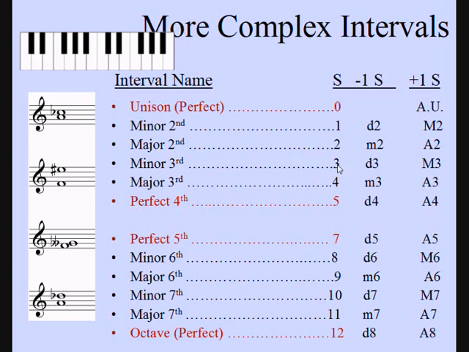The one that we need to look at is a minor third that has lost 1 semitone. Therefore, a minor third that has lost a semitone to become a 2 semitone interval is a diminished third. So this is a diminished third.